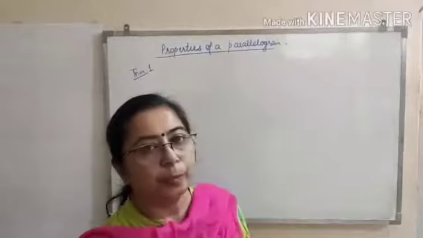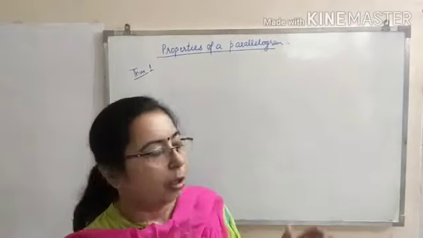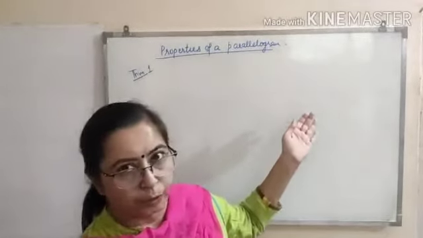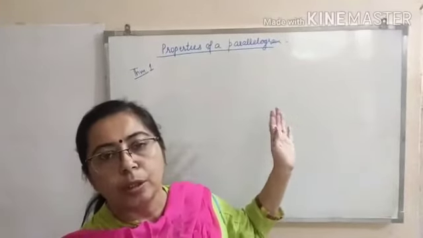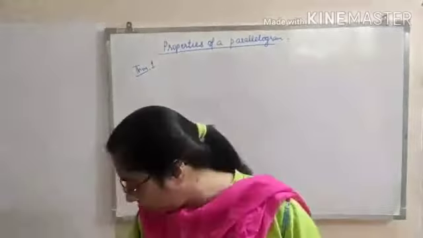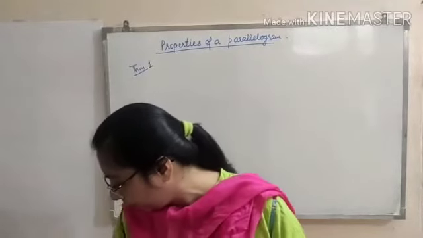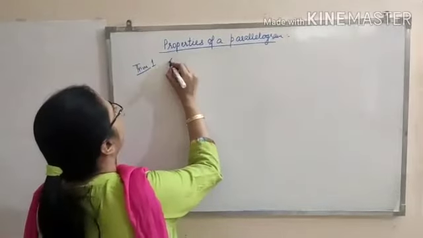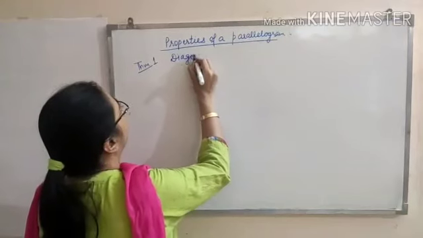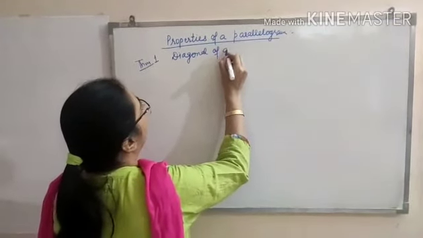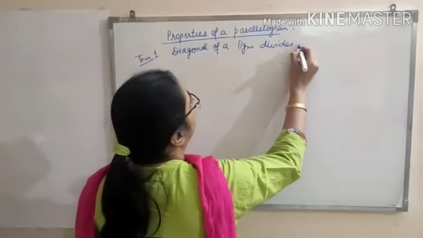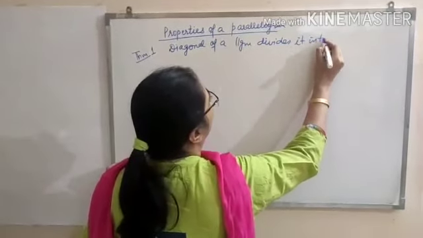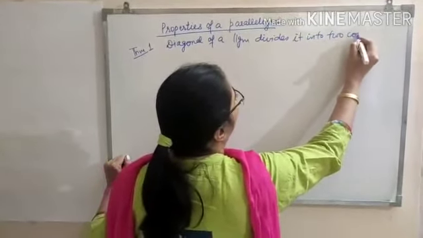Now we start with the properties of a parallelogram. We will prove the properties, and the first one is the basic one which you will use in the questions also. The first property is: a diagonal of a parallelogram divides it into two congruent triangles.